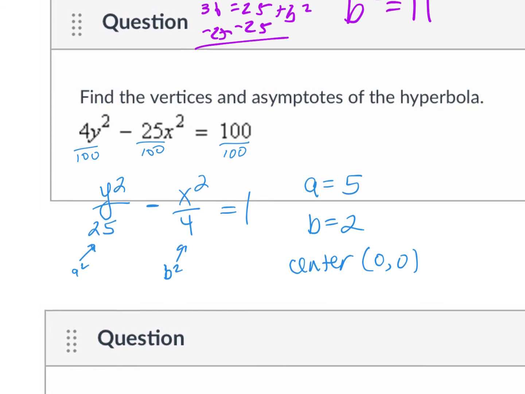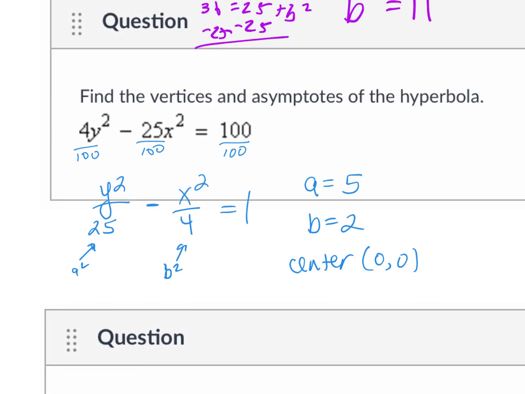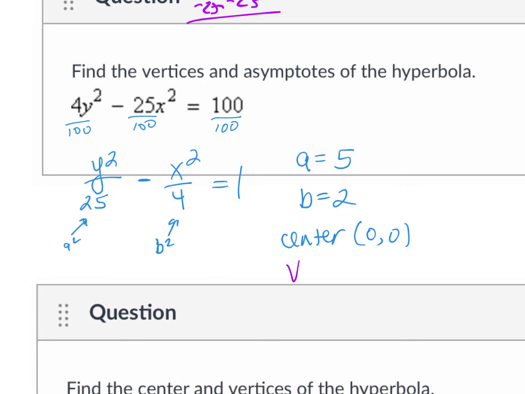So if you were going to find the vertices, think about what you would add and subtract to what value of the center to get your vertices. What goes with vertices? A or B?